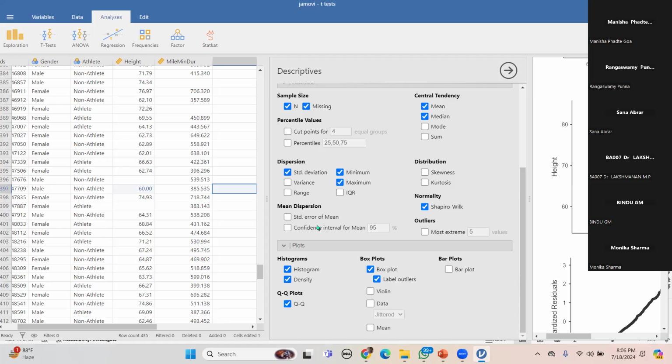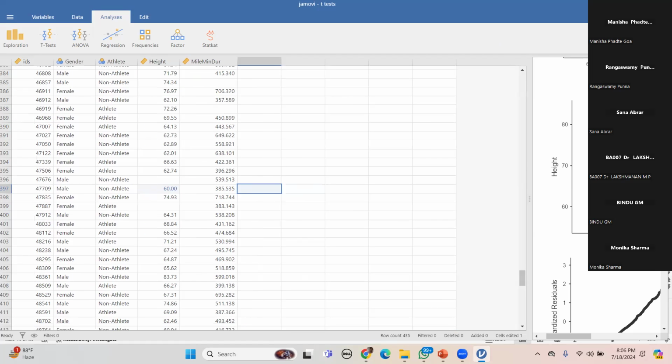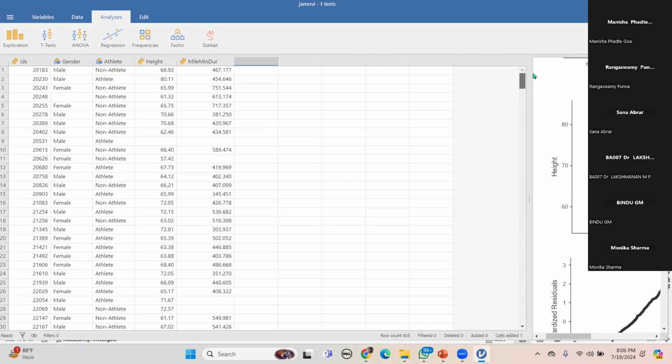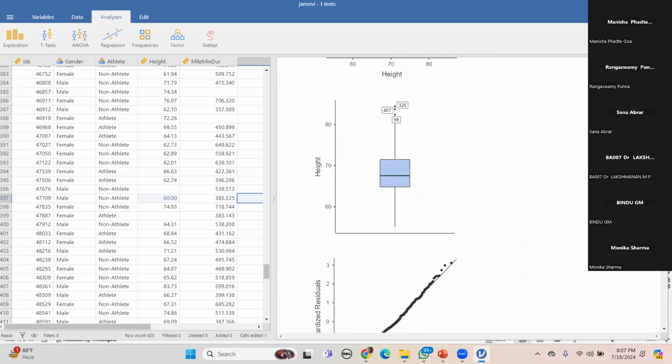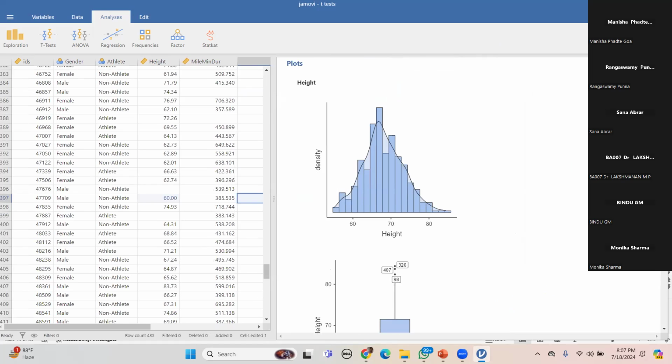Now, next. We have conducted the normality test. Our data is normally distributed. Now, as we have fulfilled all the assumptions, we are going to conduct the one sample t-test.